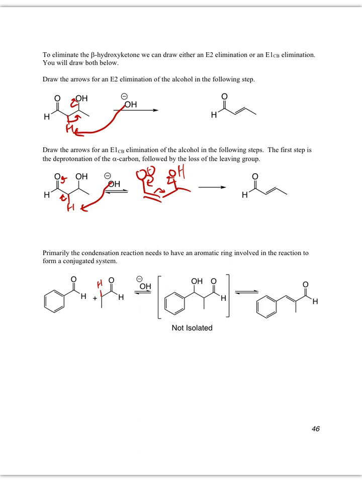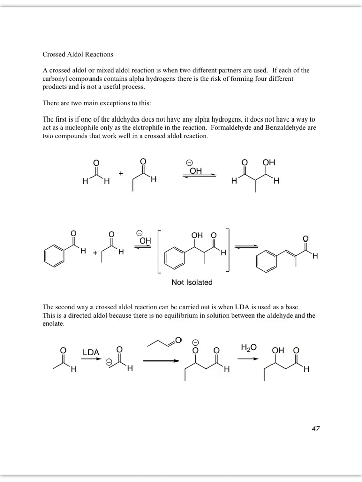We don't get a giant mix of possible compounds for products, but it's going to go through the beta hydroxy, but it's going to eliminate in the reaction all the way to the alpha beta unsaturated carbonyl, because we have that aromatic ring and it is fully conjugated between the aromatic ring, the carbon-carbon double bond, and the carbonyl. So it doesn't stop in the middle, it just keeps right on.